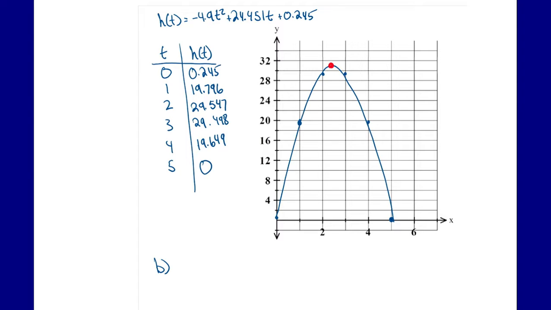So those two values are roughly the same. So it's going to have to reach its peak somewhere between those 2 points. And if I look at my graph that I roughly sketched, the maximum height is going to be approximately, we'll say, 31 meters.